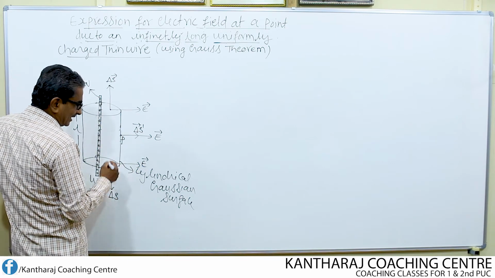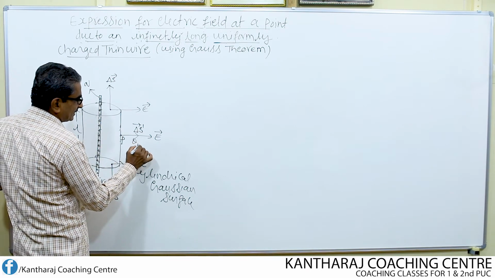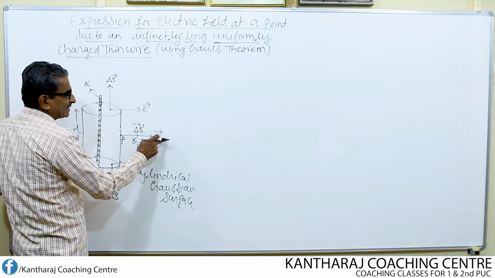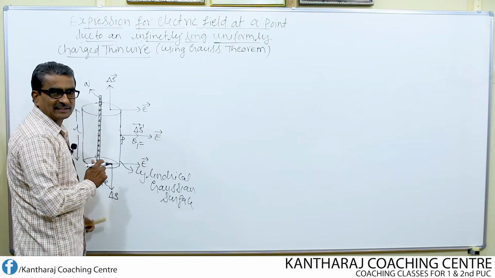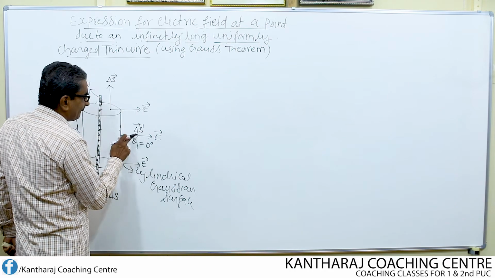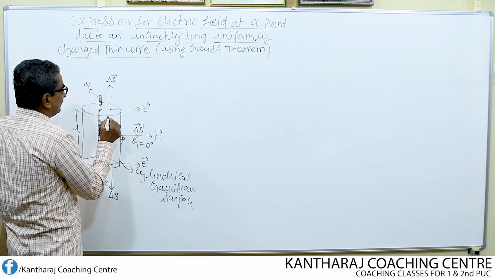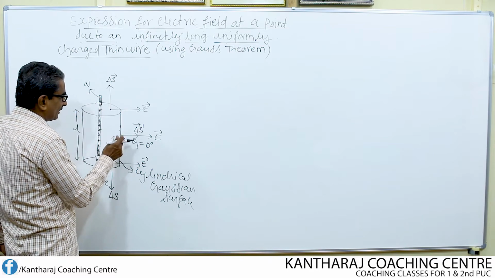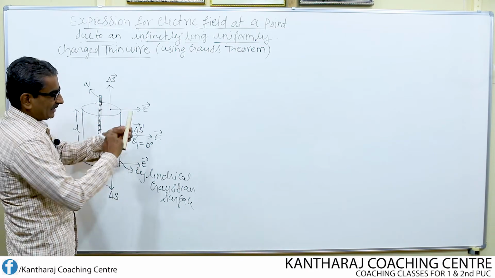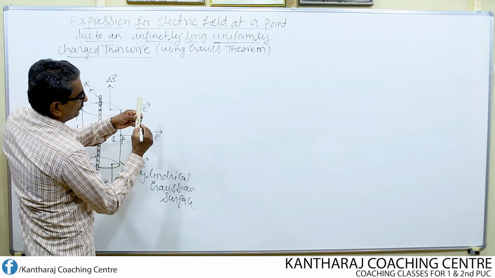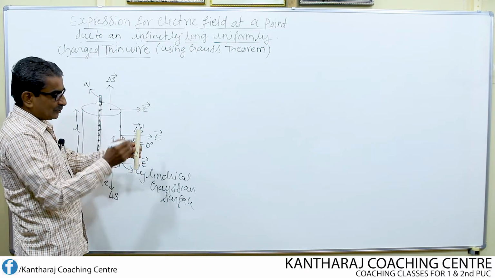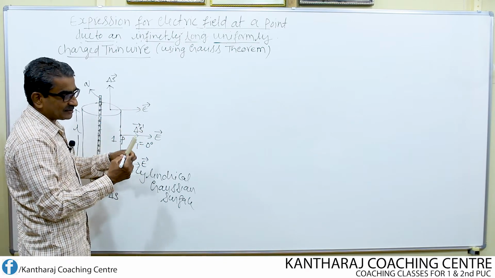Let us mark the angles now. What about this angle? Angle between delta S dash and E. Let us call that angle theta 1 equal to 0 degree, because these two are in the same direction, parallel to each other. I call the entire cylindrical face as phase 1, the top one as phase 2, and the bottom one as phase 3.